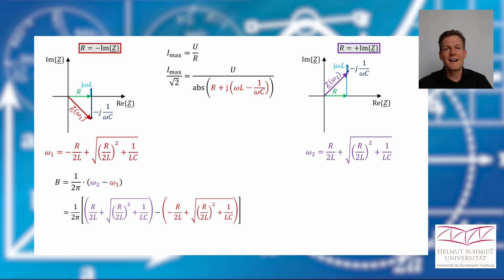We have a minus sign between our two terms. And that means that we get rid of these ugly square root expressions, and then we have this term R divided by 2L. Minus minus is plus R divided by 2L, so that means in our big brackets we just have R divided by L, and therefore our bandwidth can be calculated like this.